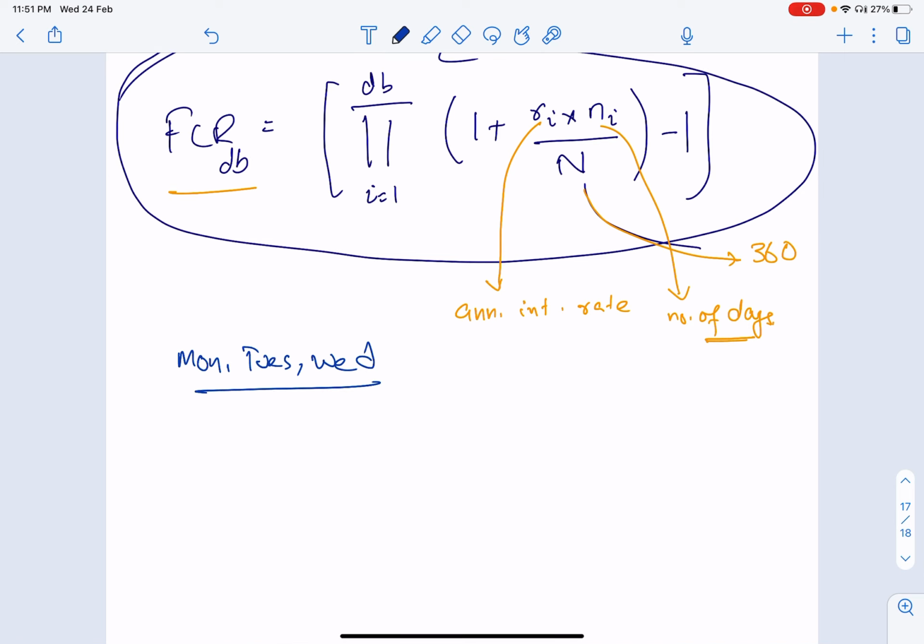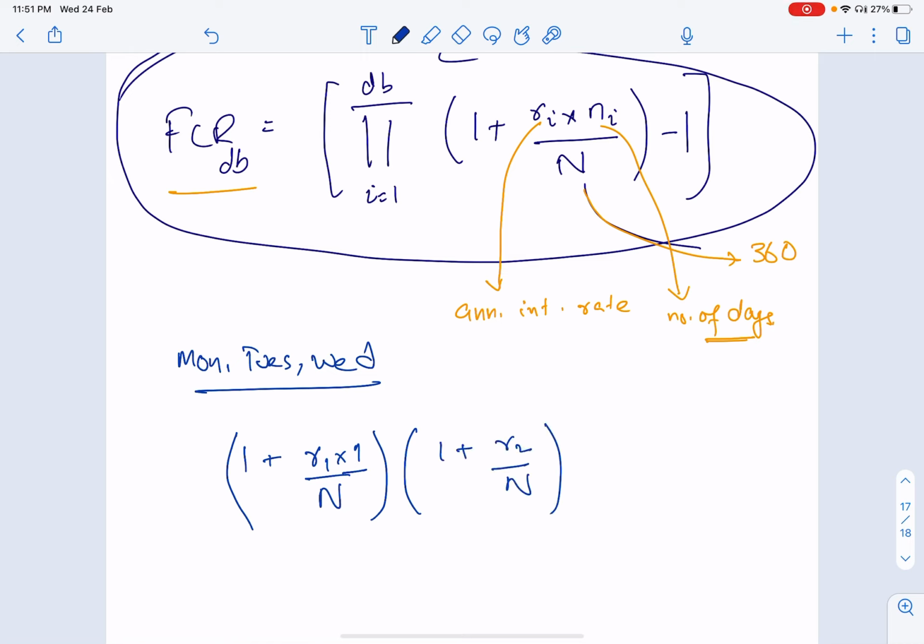So if I expand the above equation for 3 days, it becomes 1 plus R1, which could be for one day, Monday, over N, multiplied by 1. This will be the same for all three. Then 1 plus R2 divided by N, and 1 plus R3 divided by N.